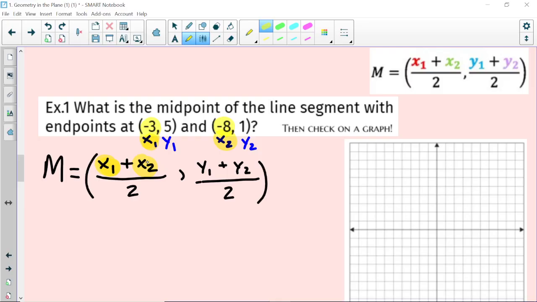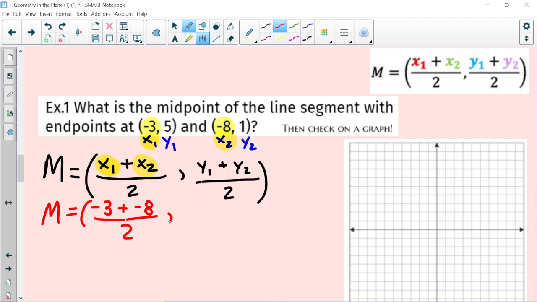So I'm going to plug in -3 and -8 on this left side. So M equals, I'm going to do -3 plus -8. Again, that top piece, x1 plus x2, is all over 2. So we're trying to find the average of -3 and -8.